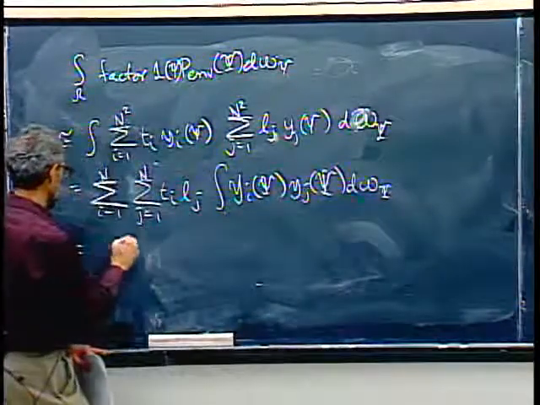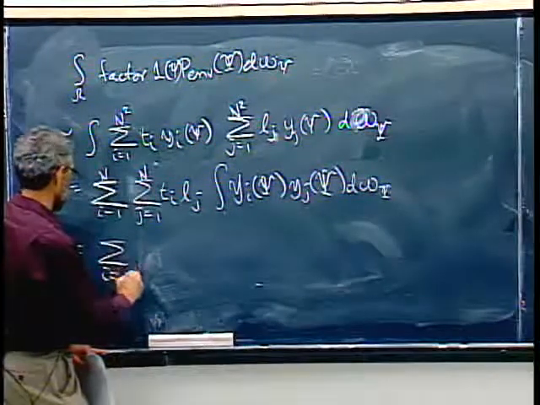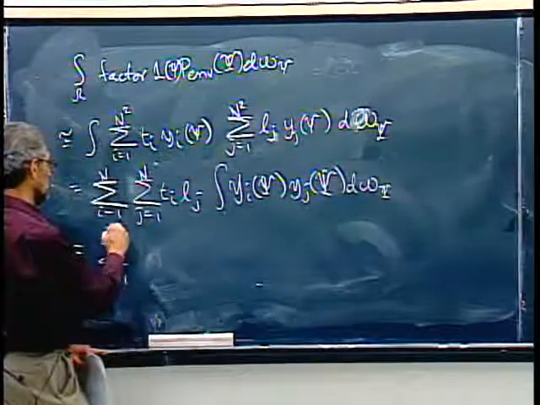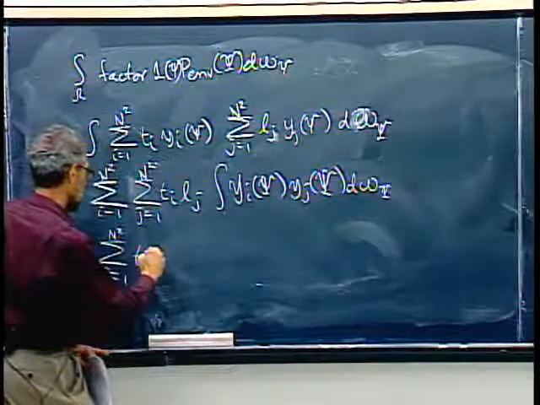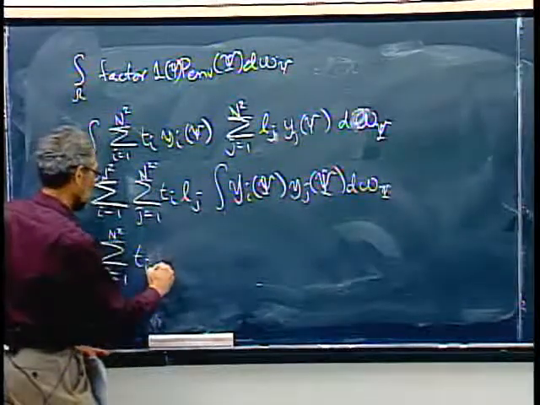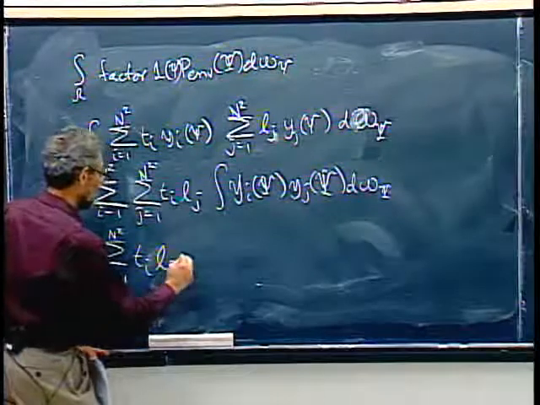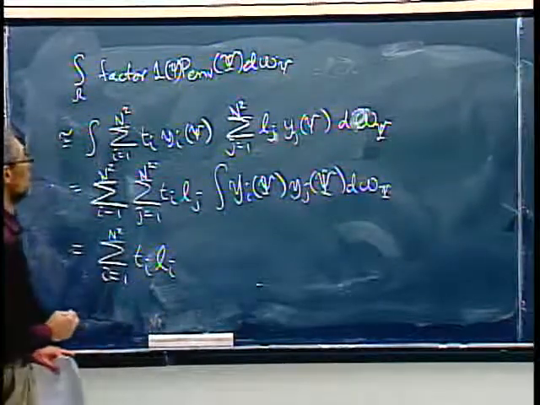So what this really is, the sum i equals 1 to, I should have n squared here, t_i, and then the j has to be equal to i, so it's t_i l_i.